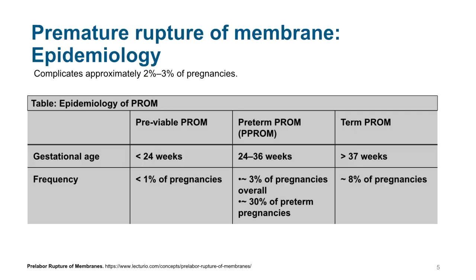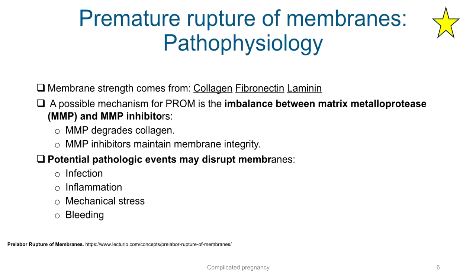But if we take into account the preterm pregnancies, the preterm babies, it's going to be around 30%. And then we have a pre-viable premature rupture of membrane that occurs before 24 weeks, and that is less than 1% of pregnancies.